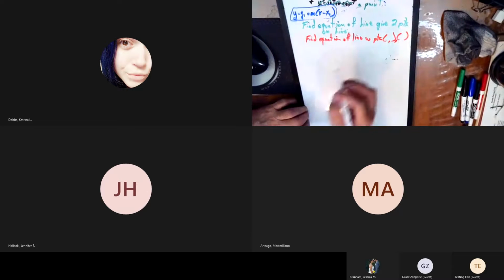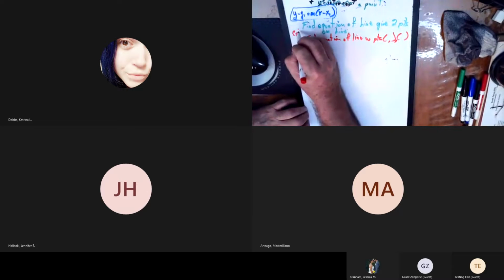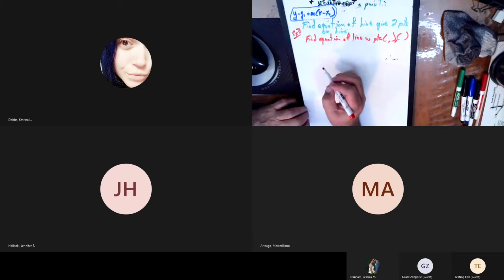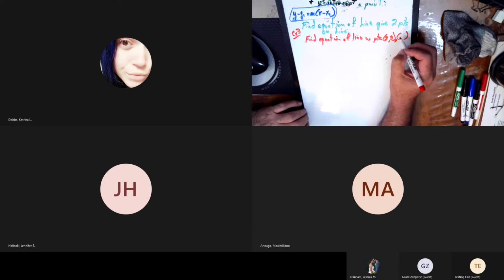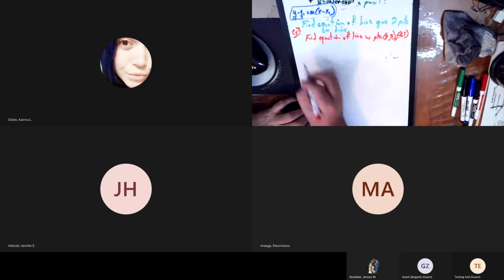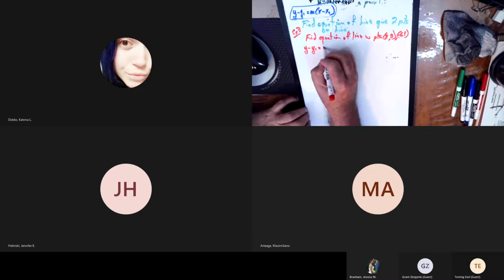Okay, this is example 3 from the textbook, and it says use the points 2, 3 and the point -6, 1.